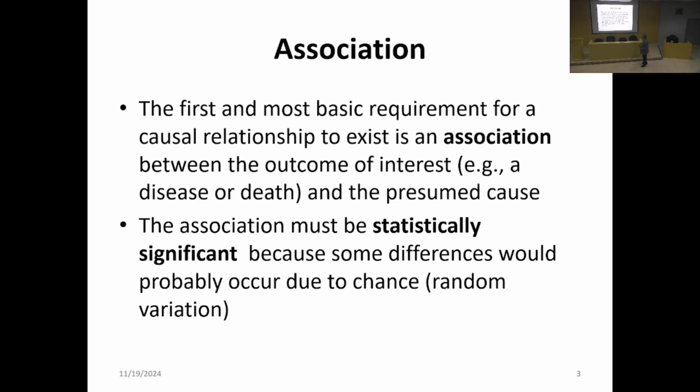Okay, so the first step to have a causal relationship is an association, and it has to be significant. Do you know what is a statistically significant association? You saw this in year 1 with Dr. Ahmad Jaradat. What is statistically significant association? It is an association that is not caused by chance. So you remove the effect of chance.